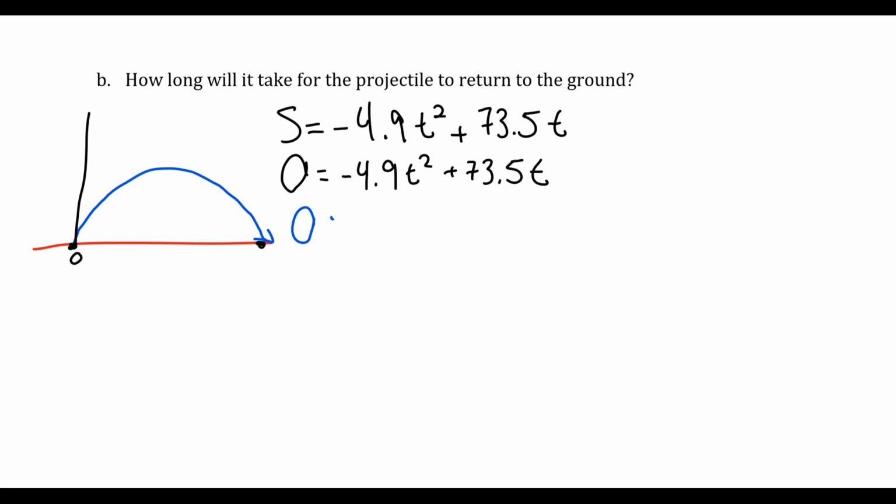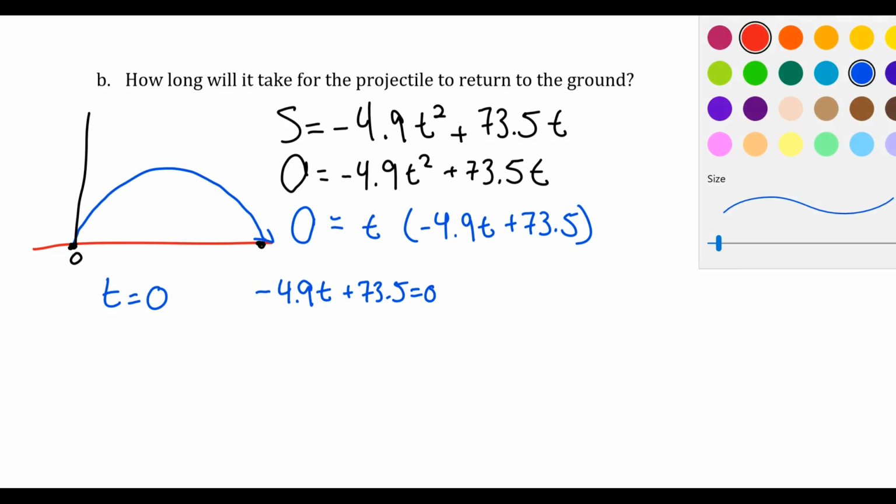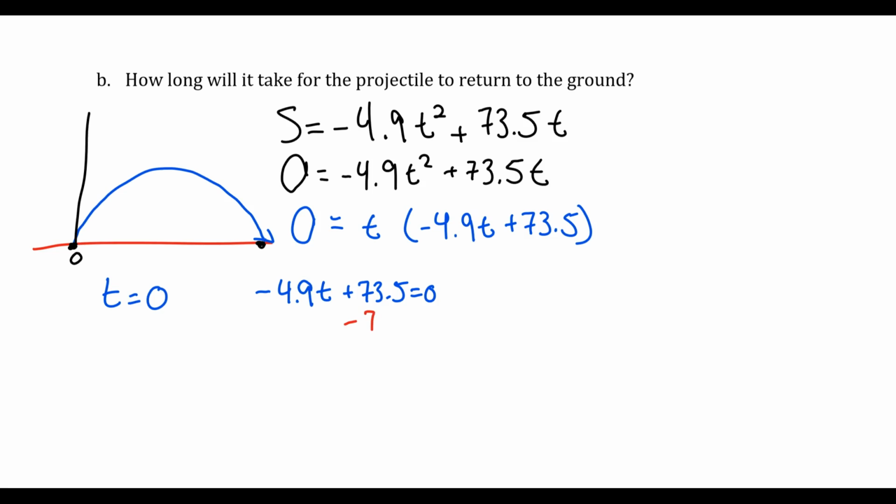So I can factor out just the t if I wanted to, giving myself negative 4.9 t plus 73.5 times a t. So then I'm going to say t is equal to 0, which makes sense because times 0, it's at the ground. And then negative 4.9 t plus 73.5 is equal to 0.